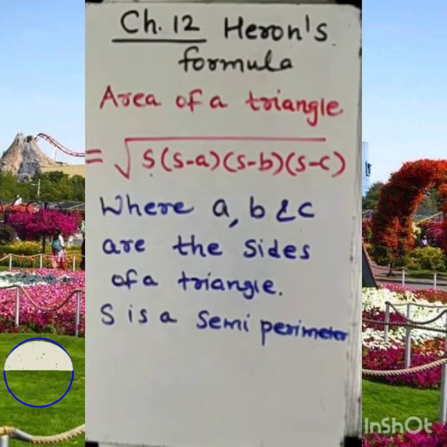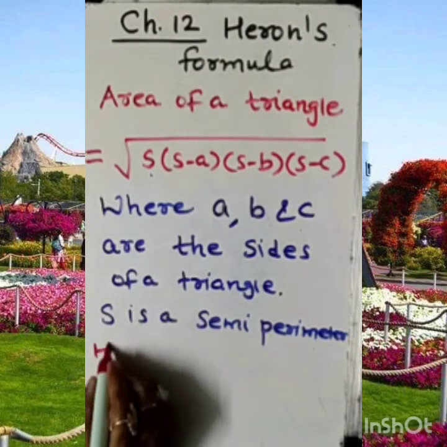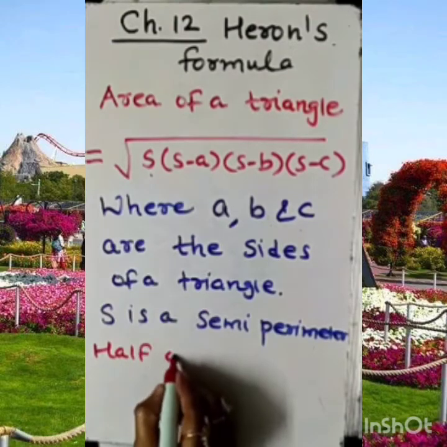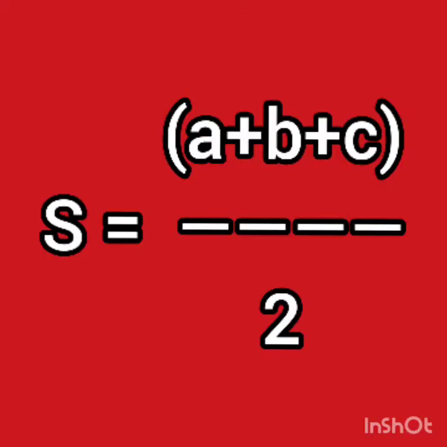So the half of the perimeter of a triangle, the formula says, is a plus b plus c by 2. This is half of the sum of the sides of a triangle; the sum of the sides of a triangle is the perimeter.